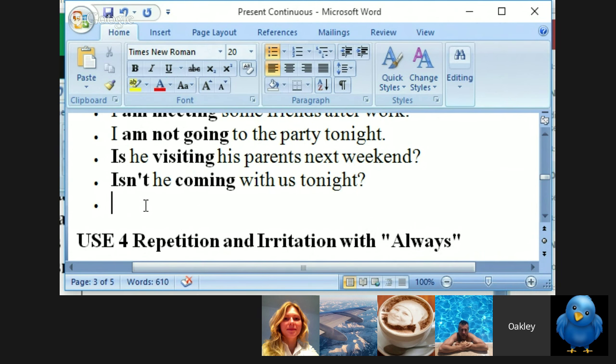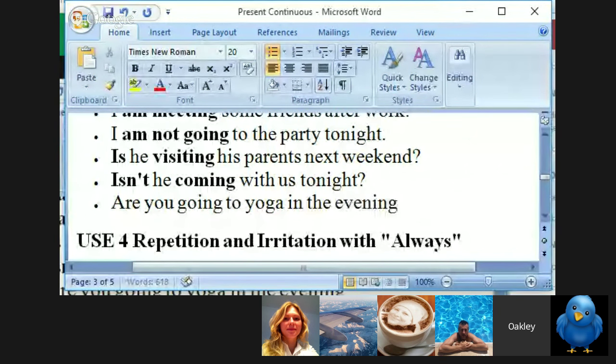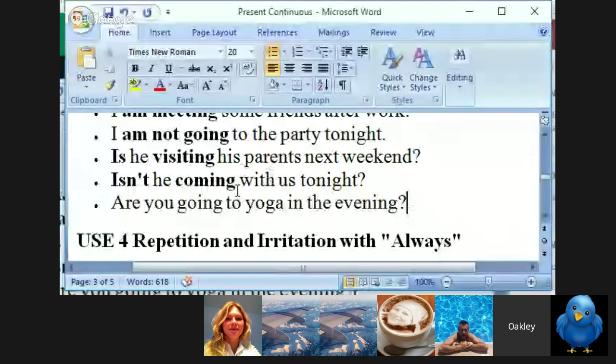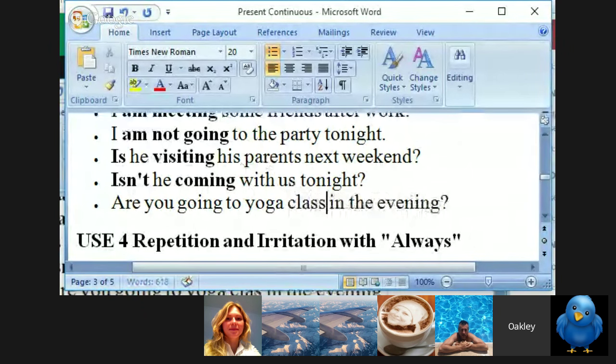Tatiana, let's try this out. See if you got the idea. Are you going to yoga in the evening? All right. You might, just to make it clearer, add yoga class.